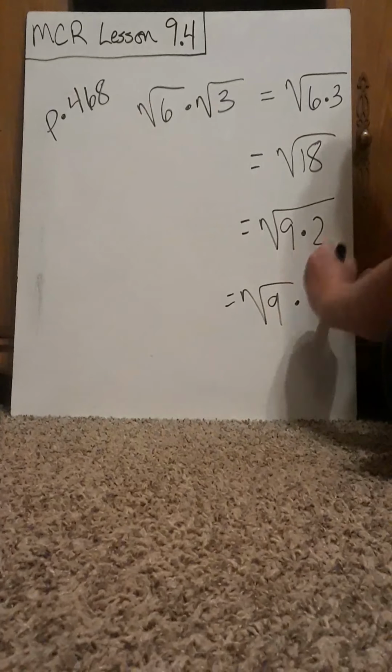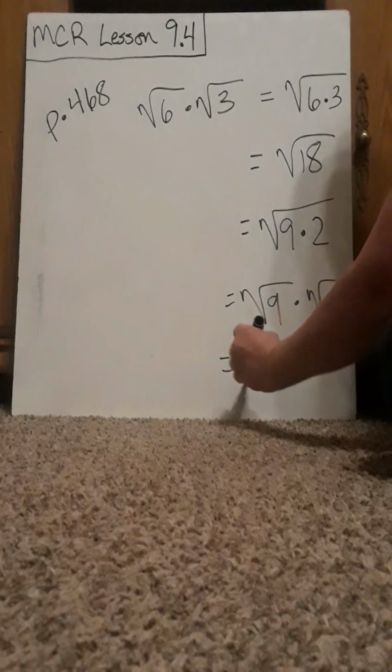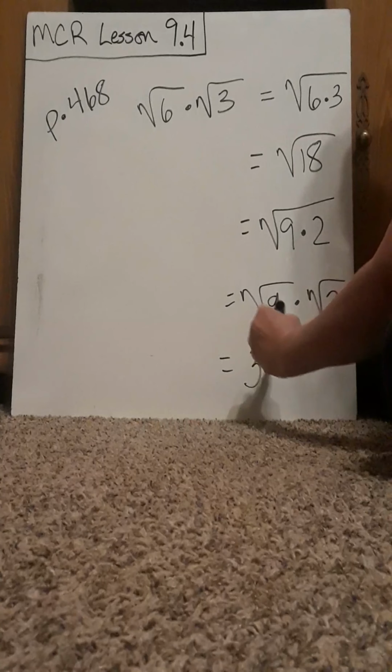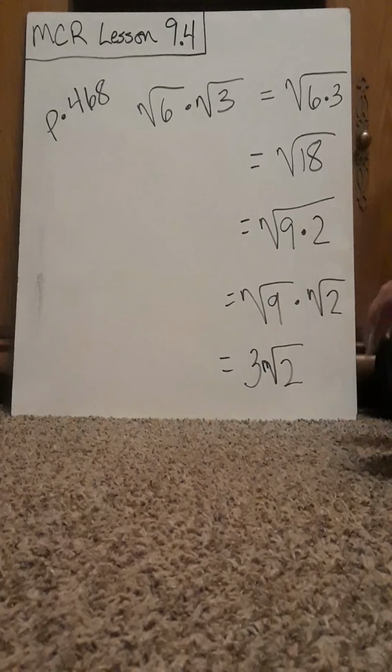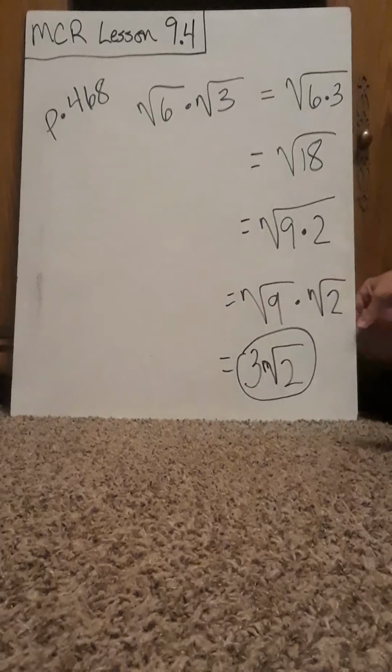So we can rewrite 18 as 9 times 2, and then we break it apart and simplify each part individually. The square root of 9 becomes a nice little 3. The square root of 2 we can't do anything with, because 2 is not a perfect square and it doesn't have a factor that's a perfect square. So this is the final answer. You're just using your rules for multiplying radicals and then simplifying your answer.